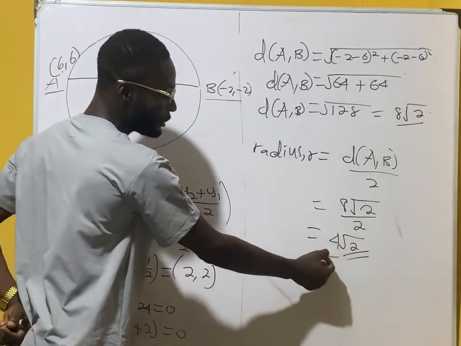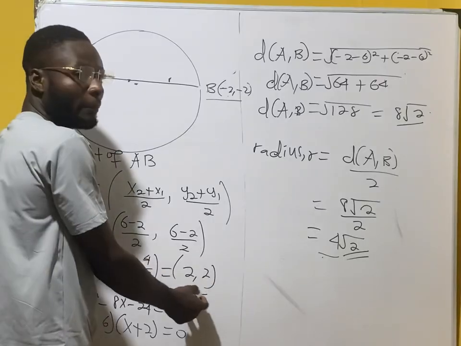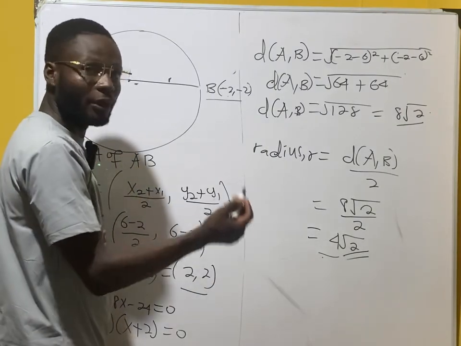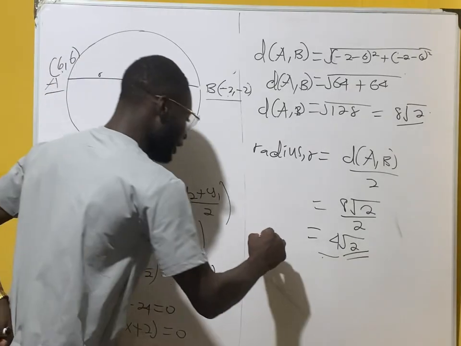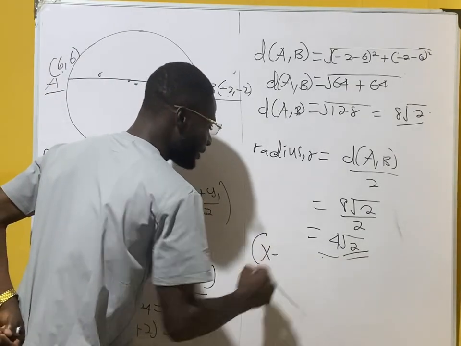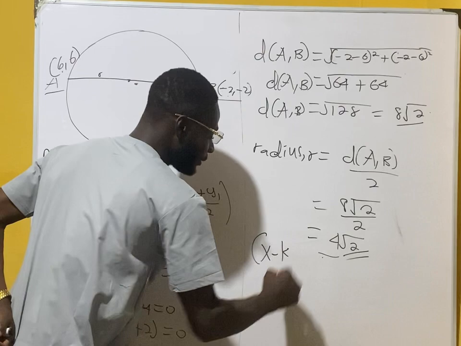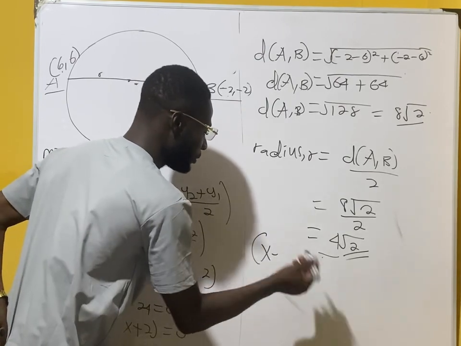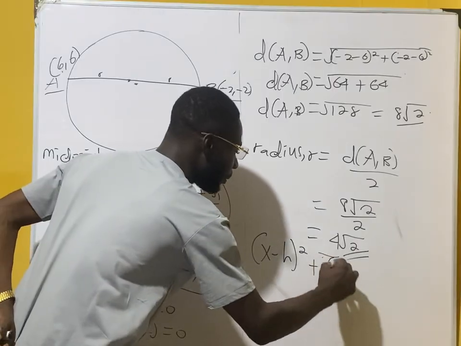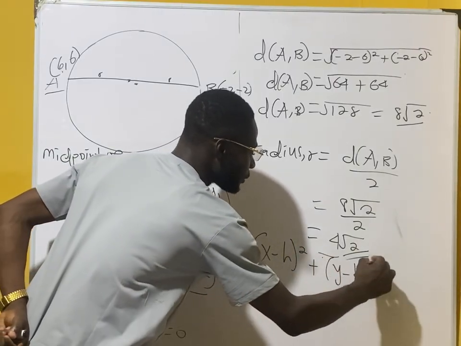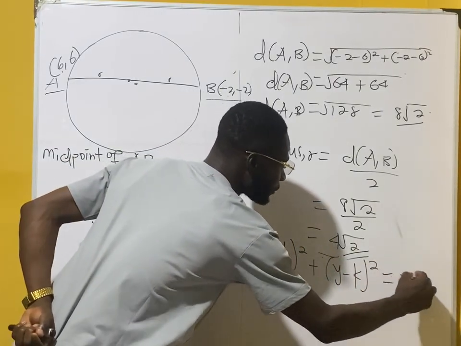So we're going to use this radius and the midpoint together with the general form of the equation of a circle. Here we know that (x minus h) all squared plus (y minus k) all squared equals r squared.